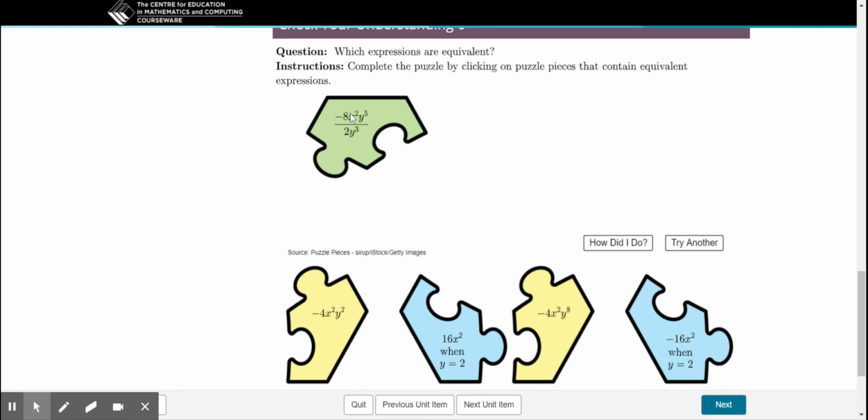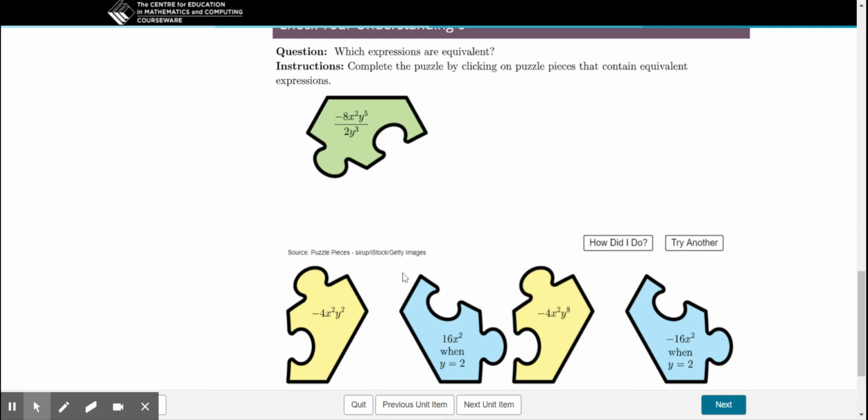And then let's see what happens with our variables. There's no x squared or x at all in the denominator, so we can leave the x squared as is, and then the y has exponent 5 in the numerator, 3 in the denominator. That means that we would subtract 5 minus 3, and we arrive at our answer that would be negative 4 x squared y squared.